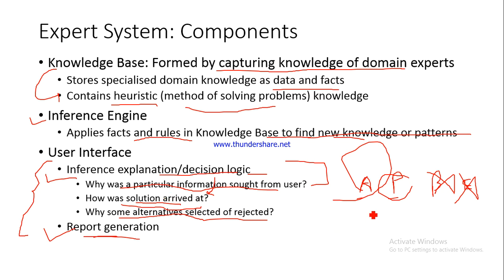Like in this case, the expert system gave us this result that we should go for either A or P, but it basically told us that you should not go for B or E, these two projects. So why is it suggesting that you should go for A and P and not for B or E? That would also be explained by the expert system through the user interface, right? So this is how the user interface in expert systems is very, very different from that in the decision support system.